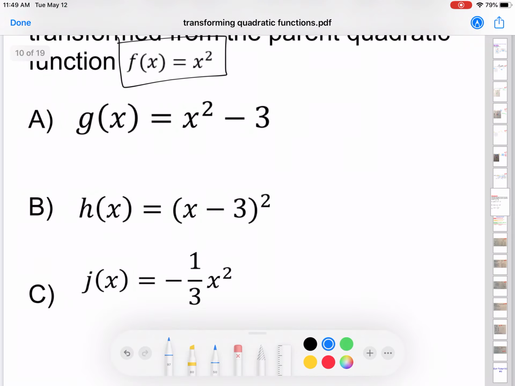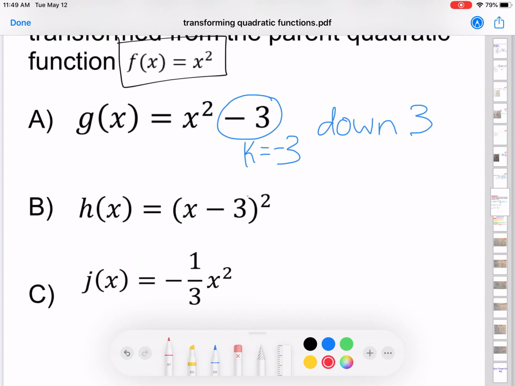So looking at part A here, because we put this -3 on the end, that means that our k value was -3. We know from our notes that if our k value is negative, that shifts the entire graph down. So for part A, you should have said that the graph was moved down 3 units.